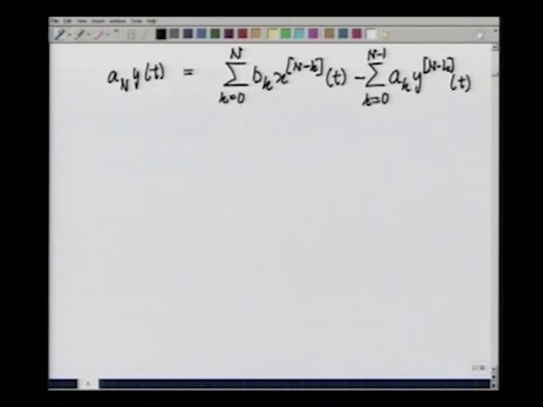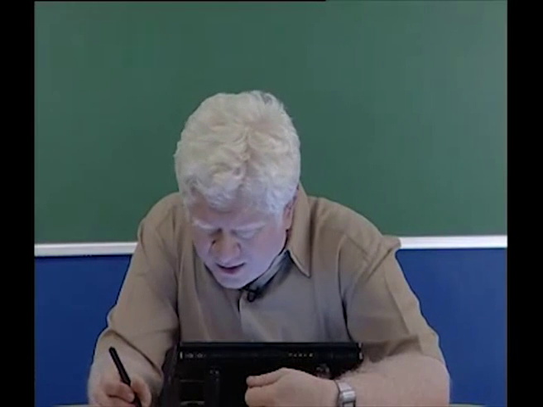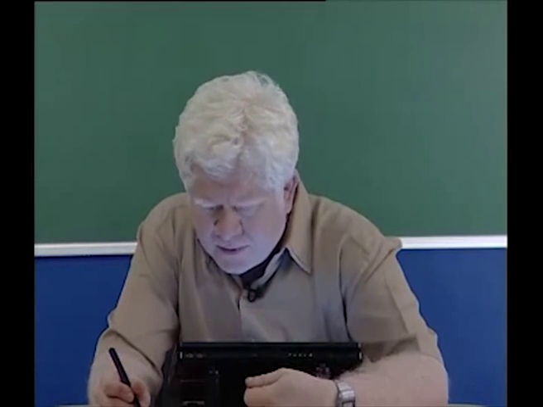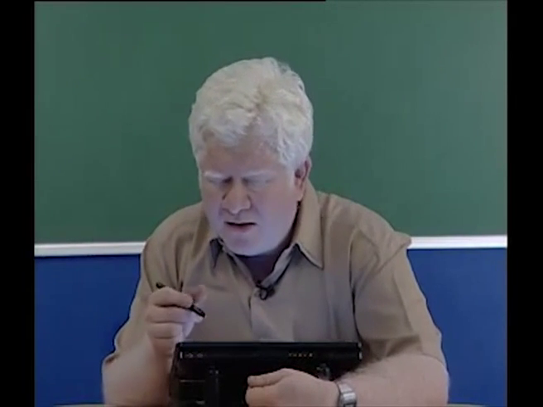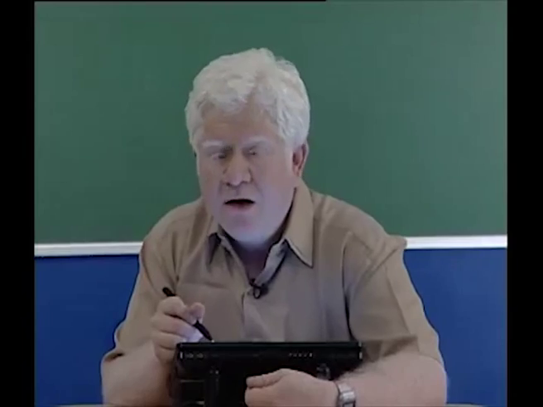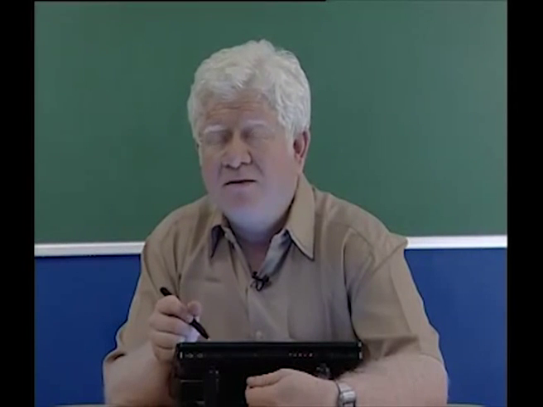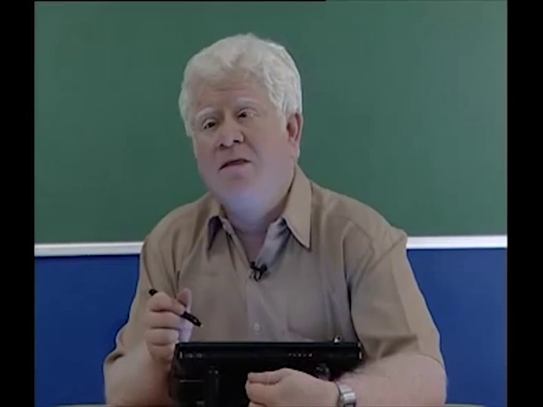Thus, the lowest integral on the right side would be y n minus 1, that is y 1 of t, because y 0 of t is out here on the left side. So, this is what we want to implement.